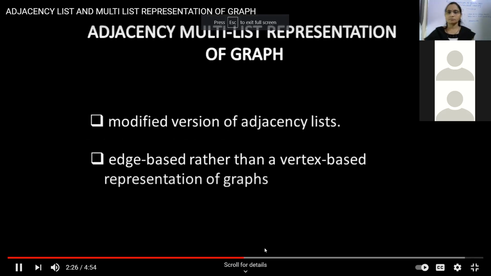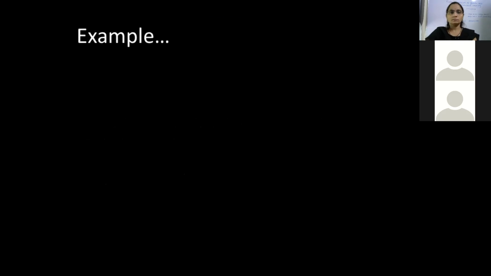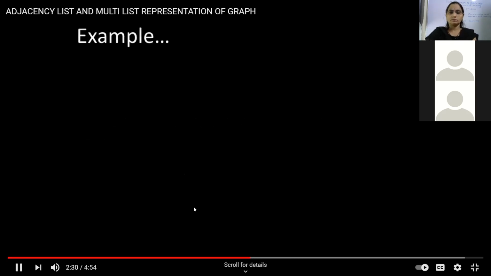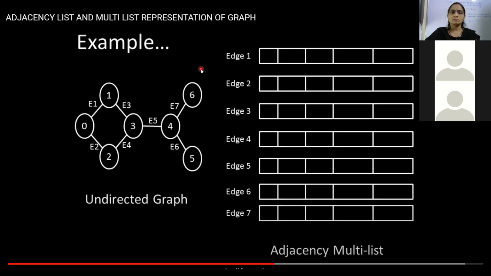Based representation of graph. Firstly, we will understand it with the help of an example. Given an undirected graph, we will construct the adjacency multilist for each of the edges. The information about an edge of an undirected graph can be stored using 5 attributes. The first attribute of each adjacency list is intentionally left blank.